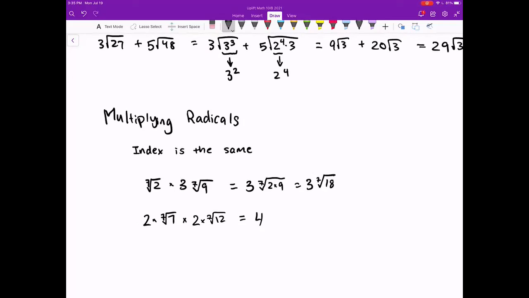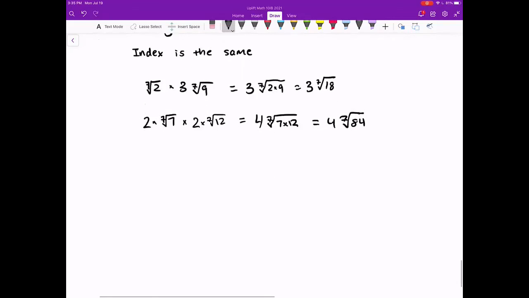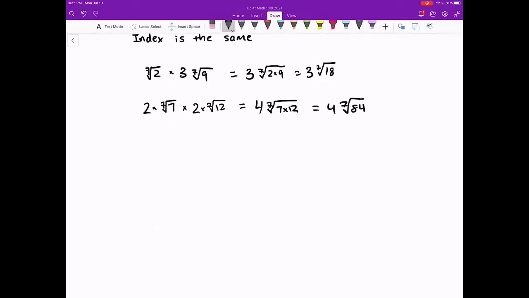And then we multiply the actual radicals, which is the 7th root of 7 times 12, which is 84. I think we could simplify that further. Oh wait, I keep forgetting it's the 7th root, so we can't.